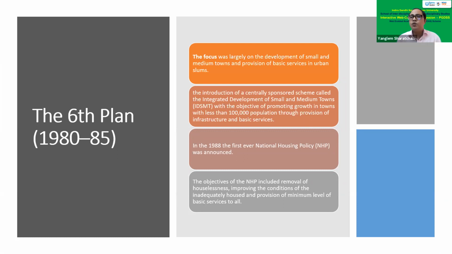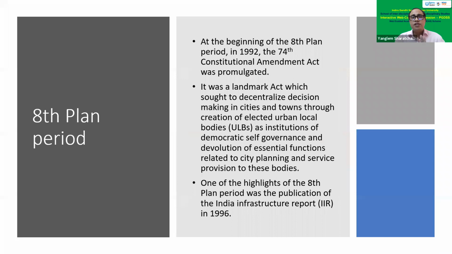We are not able to improve their livelihood, or economic condition, even today. In 1988, the National Housing Policy was announced. This policy's major objective was that everybody should at least have their own house.